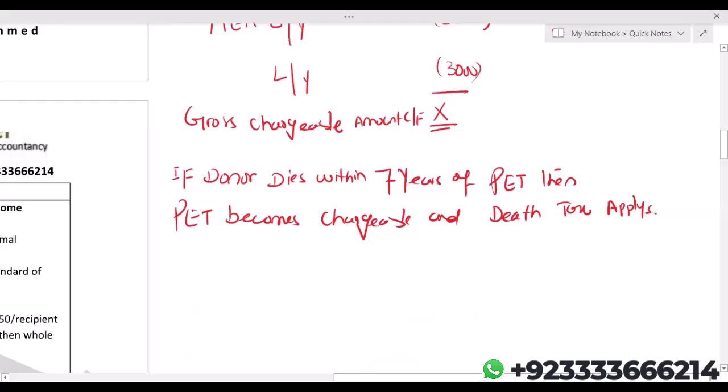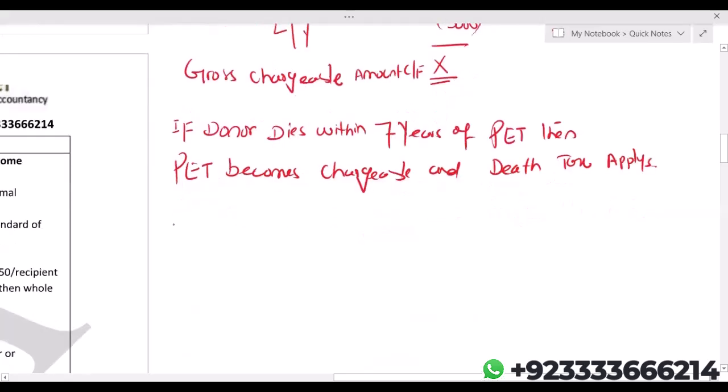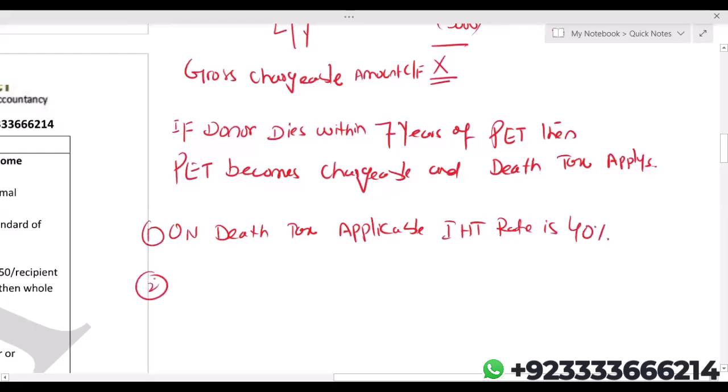Another point: on death, the applicable IHT rate is 40%. Another point, if the donor dies within 3 years of the PET, within 3 years of the gift, then no taper relief.